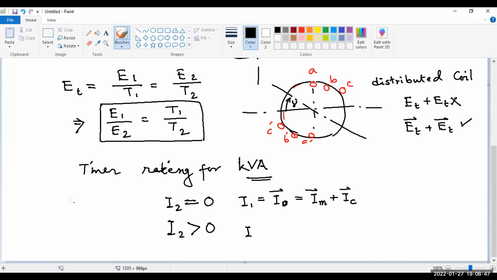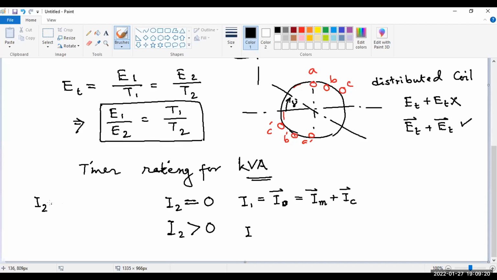Now you see, one thing you have told correctly: if there is a finite current in the secondary, one thing you are missing is who generates the flux. It is not the current that produces the flux. So there your basic concept is wrong.